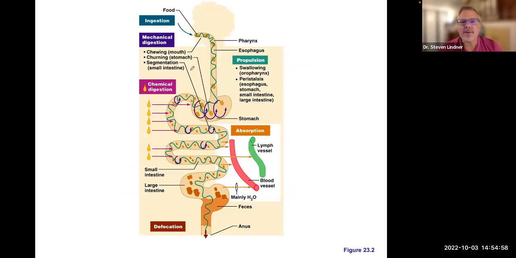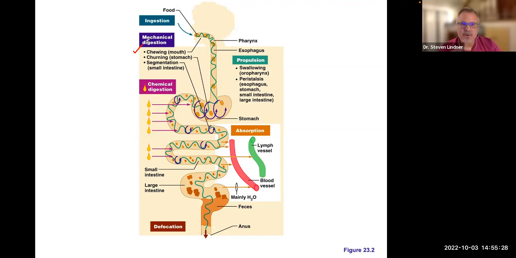And then if we look at this and we look at those parts, we can see what each portion is responsible for, right? So the mouth here is responsible for ingesting the food, right? And in the mouth, we take in the food, there's chewing, there is some digestive enzymes that are taking place in here, both some chemical and mechanical, mostly mechanical.